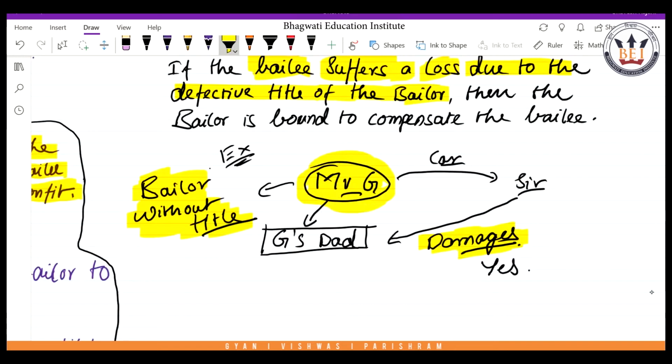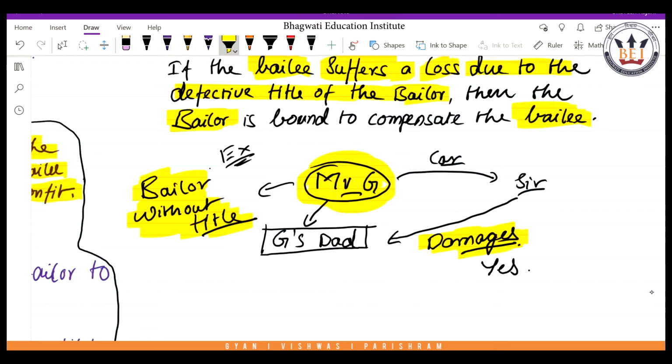So due to the defective title of the bailor, the bailor without title is bound to compensate the bailee, right? So in case of defective title, the bailor without title is bound to compensate the bailee for any loss suffered due to such defective title, right?